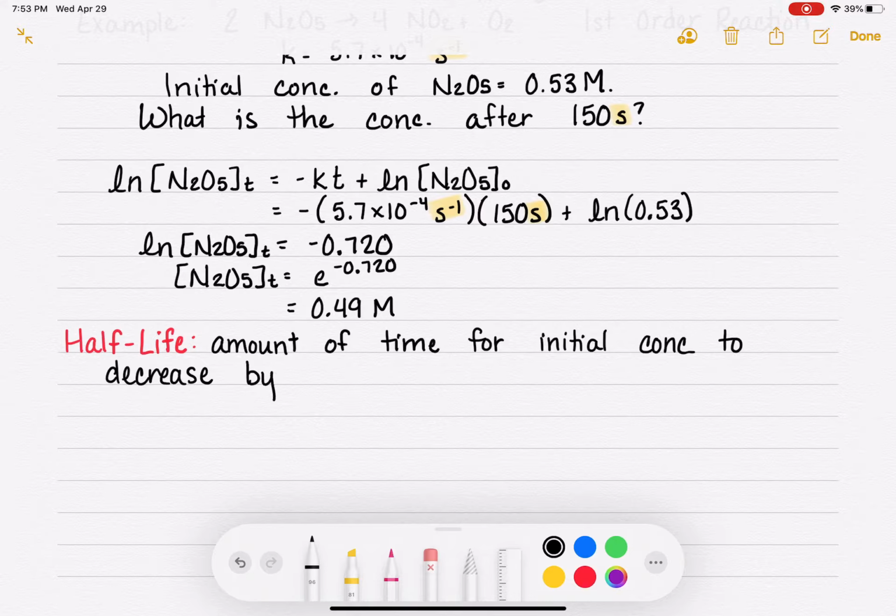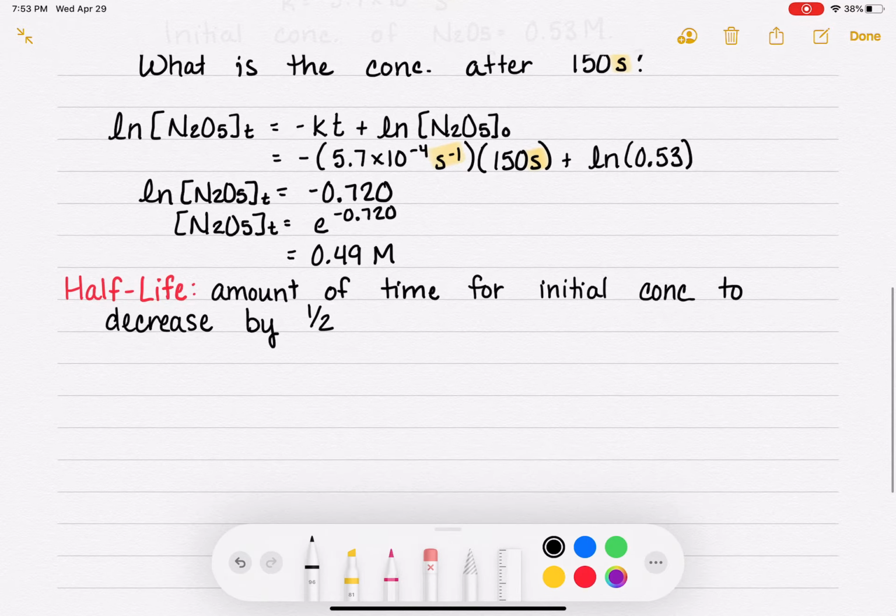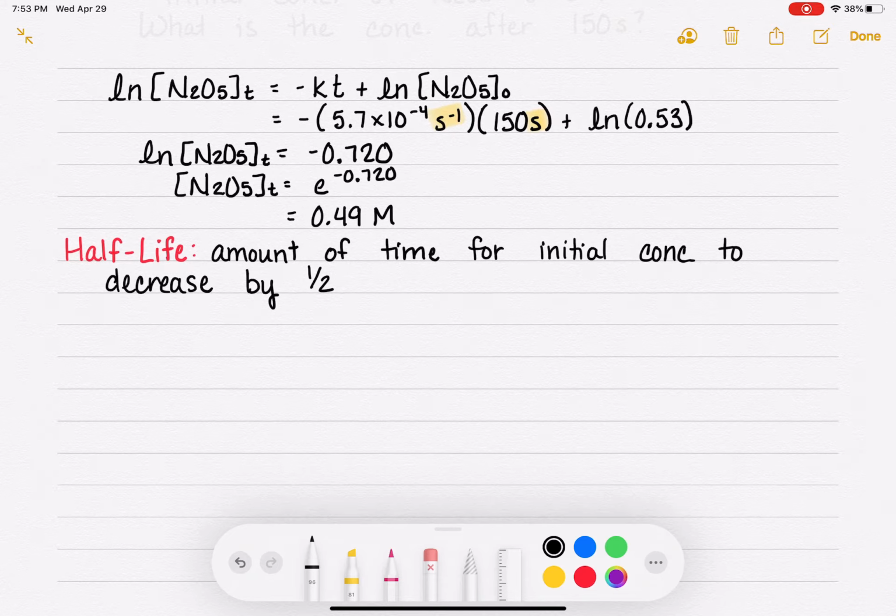And this number is used a lot in nuclear chemistry, when we're talking about radioactivity of a substance. We talk a lot about the half-life. How long does it take for the amount of this particular substance to be decreased by 1/2? Half-life is relevant here because it is calculated from the integrated rate law, because that's exactly what the integrated rate law is used for.